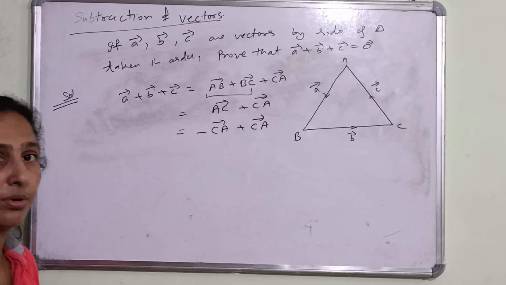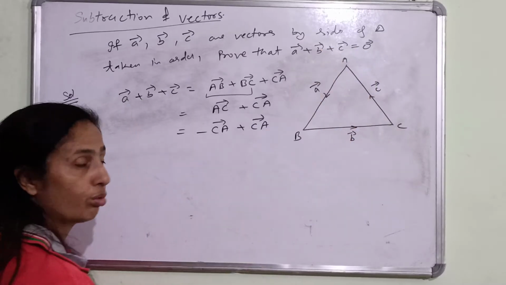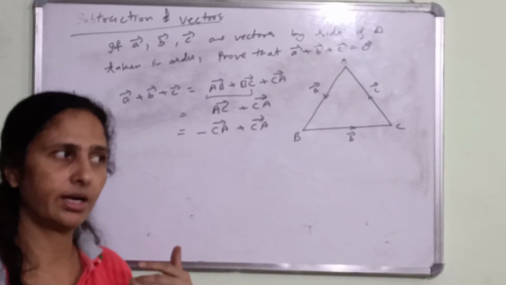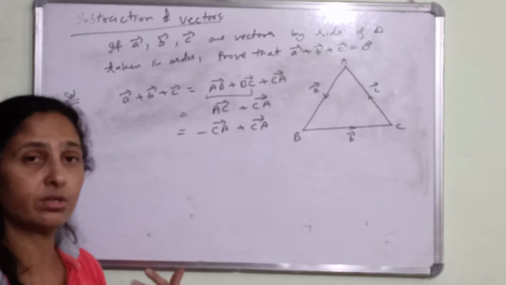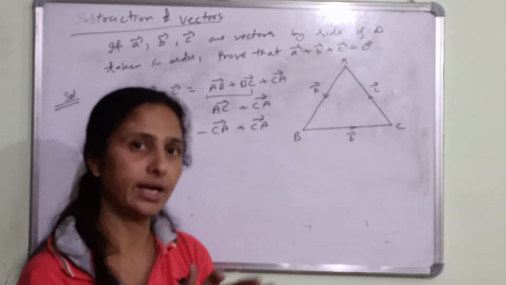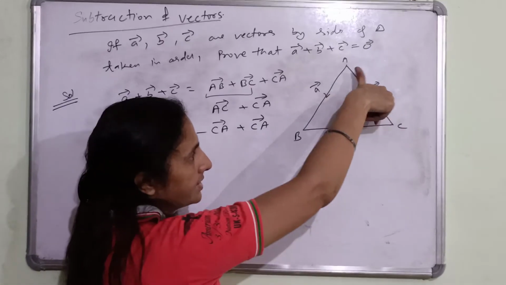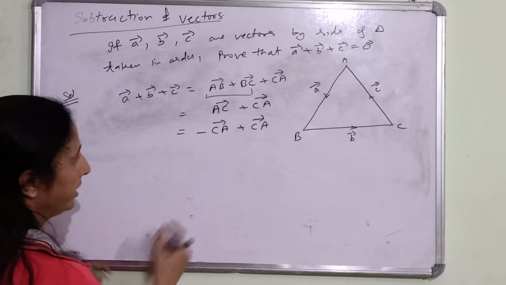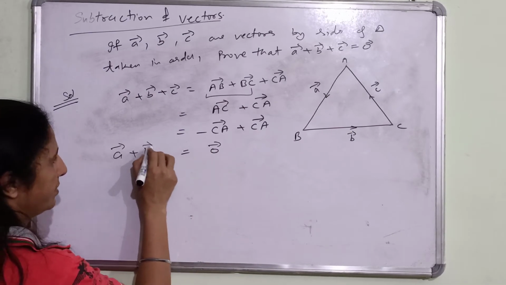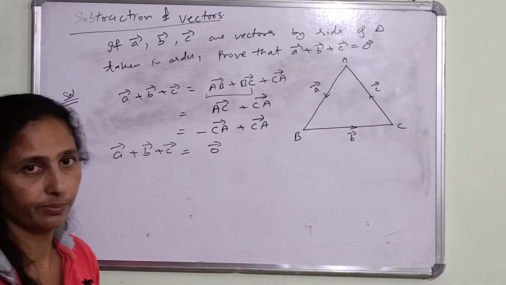And this is CA, because both are opposite in direction, one is AC and one is CA, so they coincide, right? AC and CA, I think I told you in my first video, null vector, zero vector. So when the sides coincide, then that becomes a zero vector. Now AC and CA coincide, right? So it means it becomes zero vector. So this is proved that A plus B plus C vector when taken in order would be equal to 0.